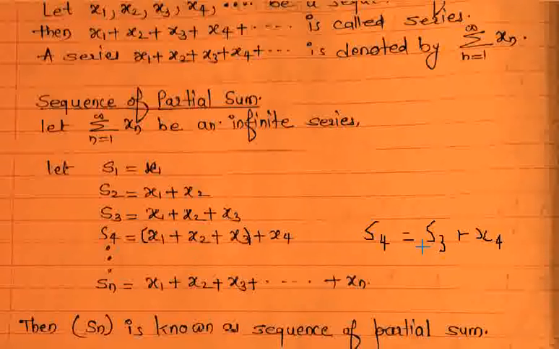So in this case it will be S_(n+1) minus S_n, which is equal to x_n. Here n would be 3.